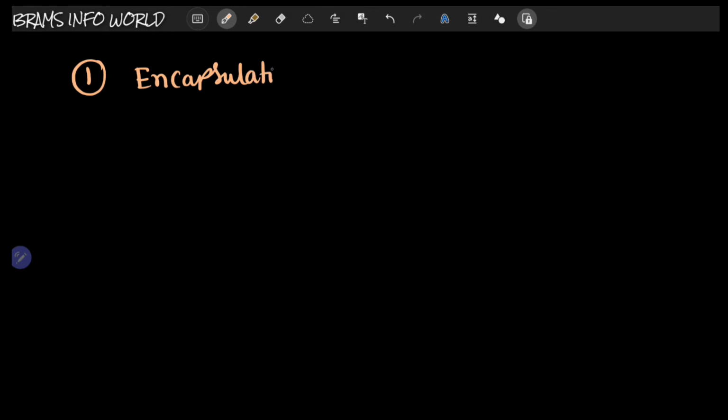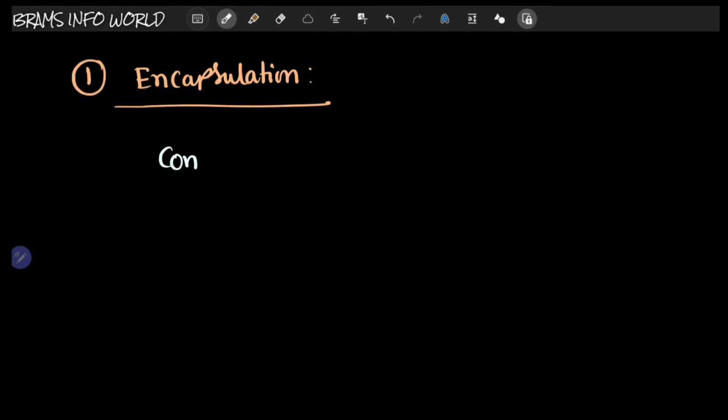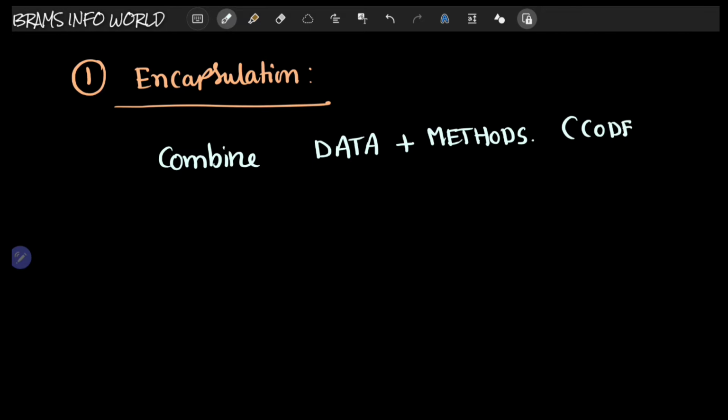We can call the first one encapsulation. So what is encapsulation? Encapsulation is nothing but combining data plus methods, or we can also call it code.